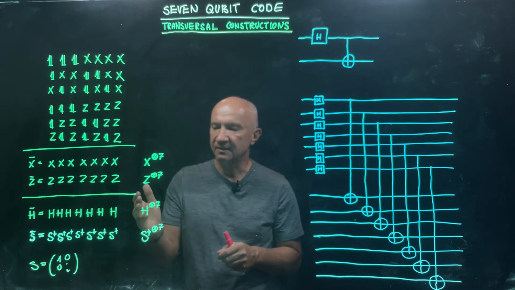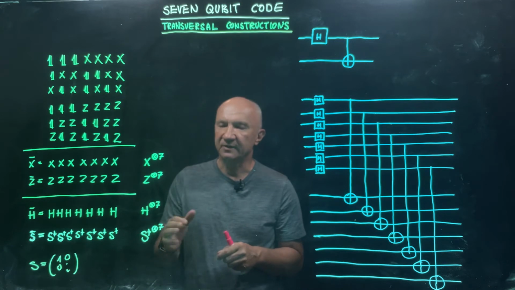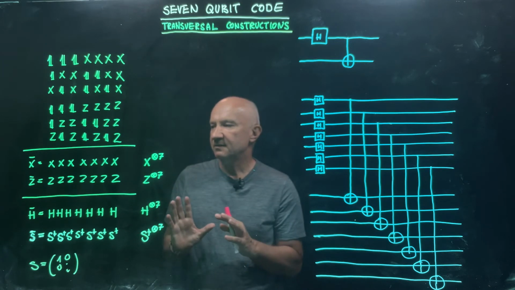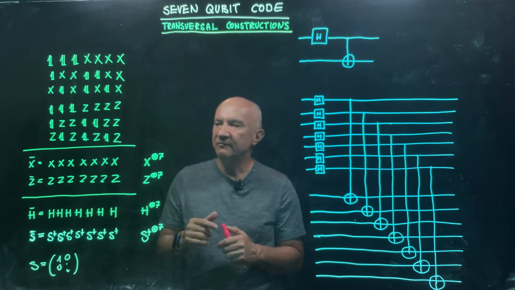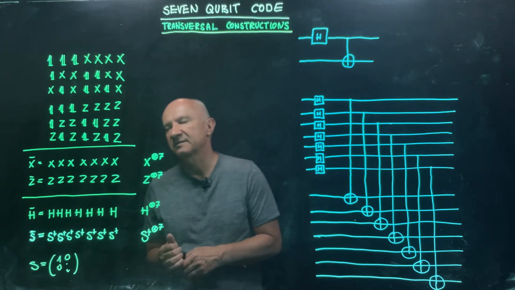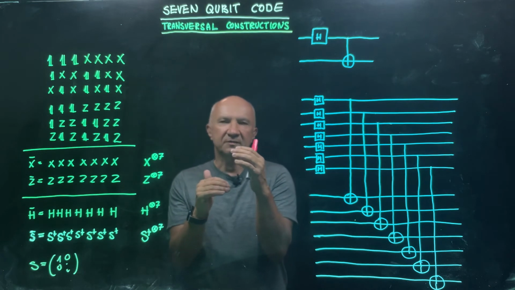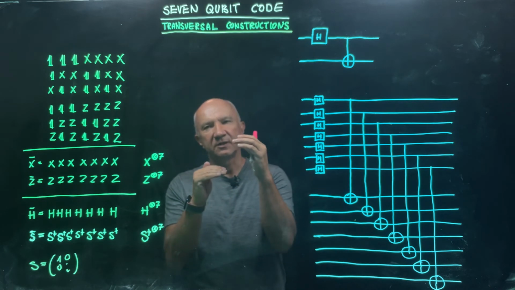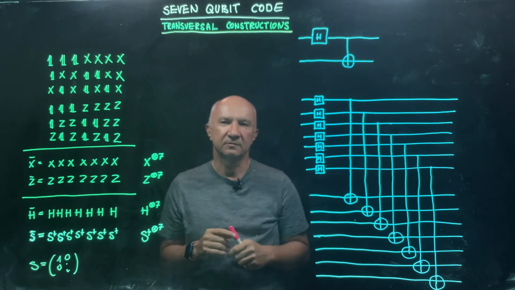So it is a 7-fold tensor product of S dagger here. So that's actually very nice. You can even go further and just look at the implementation of the controlled-NOT, and you realize it can be nicely implemented on the encoded qubits by simply applying controlled-NOT pairwise to qubits.